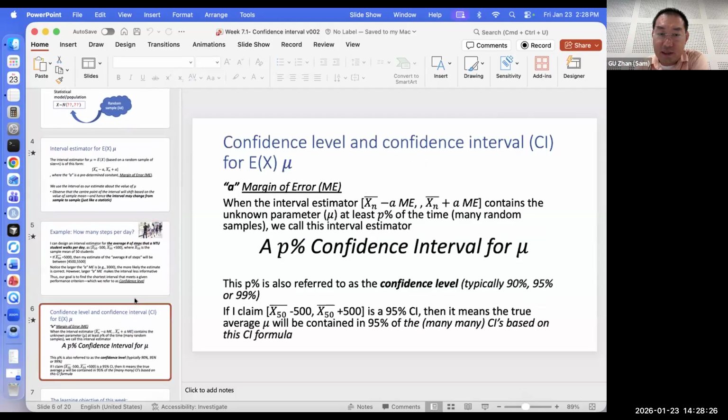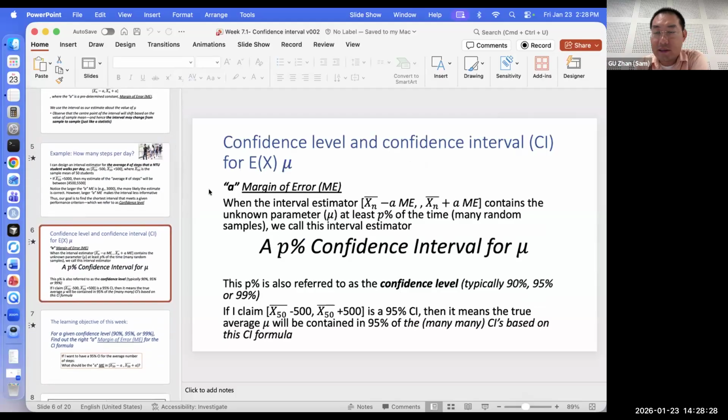So there are a few examples. Then we say alpha is a margin of error. Okay, x bar n is the sample mean, n is the sample size. Okay, how many samples are being collected? And that's n samples. Then for these n samples, let's calculate the average value of these n samples. So this x n bar, then plus minus a margin of error.